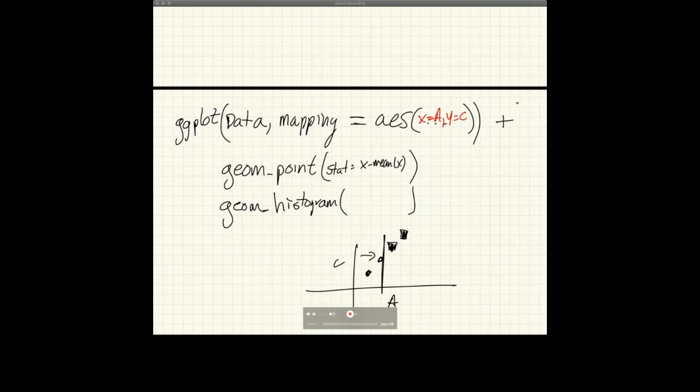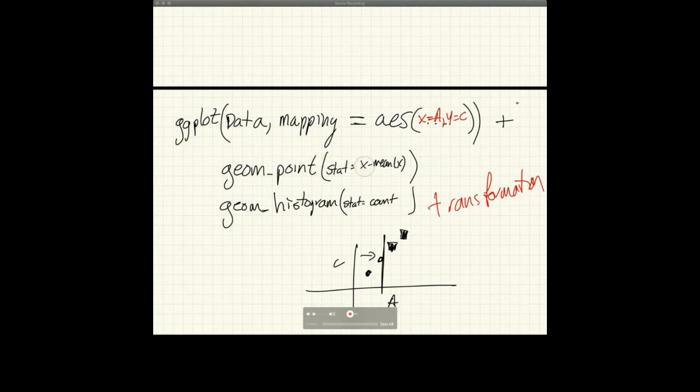The statistic is what they call a transformation. And that can be a one-to-one kind of correspondence, like the identity, or it can be any arbitrary function. In the geom histogram, like we said, stat is usually count. So the stat is a transformation. It says take the data and convert it into something that gets put in the plot.